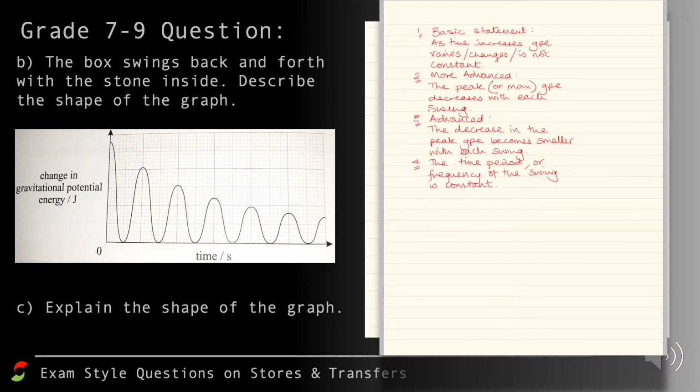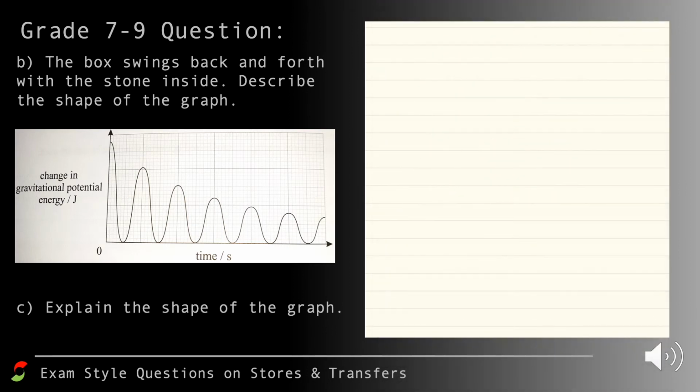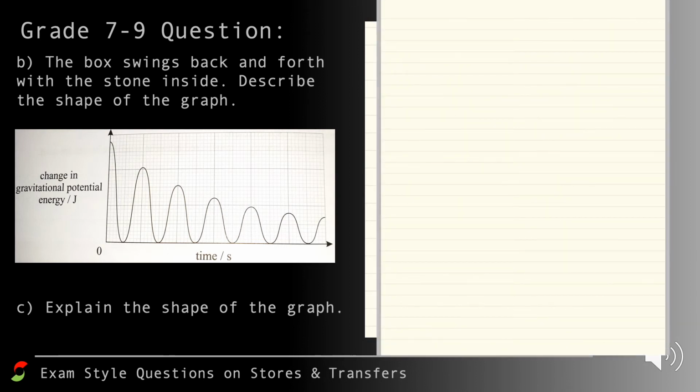Okay, so in this next question, we're looking at explaining the shape of the graph, which is very different from describing. So why is it that the peaks get smaller and smaller?